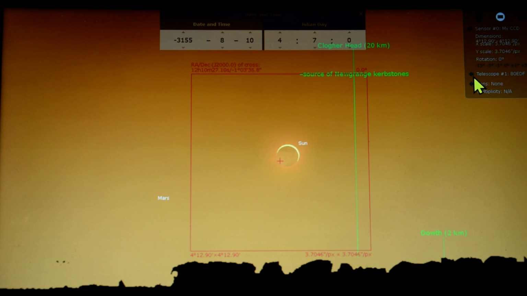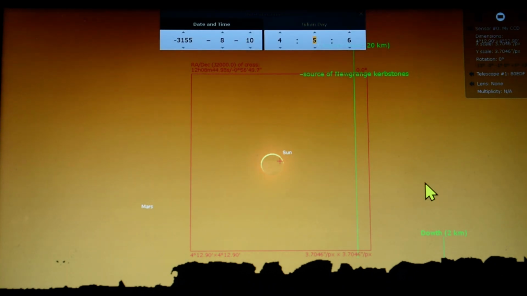Again, we have an upside down solar crescent not far above the horizon on August 10th of 3155 BCE, sorry, 3155 in astronomical terms, 3156 BCE in terms of history.